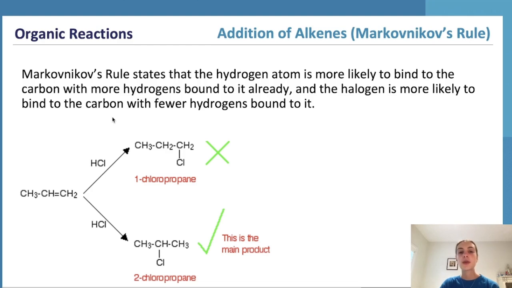And so Markovnikov's rule is saying that hydrogen is going to bond to the carbon which already has more hydrogens bound to it, so it's going to bond to the CH2 part of the molecule as opposed to the CH part of the molecule, resulting in 2-chloropropane as opposed to 1-chloropropane. So we'll end up in this reaction with producing mostly 2-chloropropane. However, there will be a very small amount of 1-chloropropane produced.